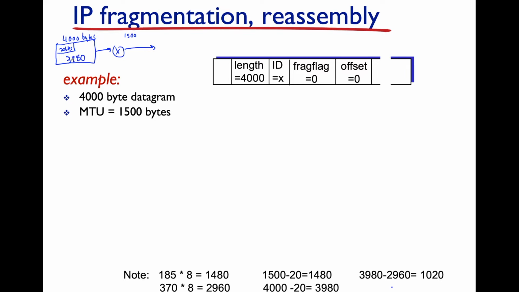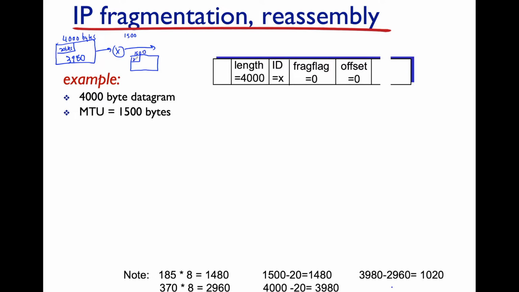That means we need to store 3980 bytes worth of information using a smaller MTU size. Given that 1,500 MTU size, each of the datagrams for the smaller MTU is 1,500.